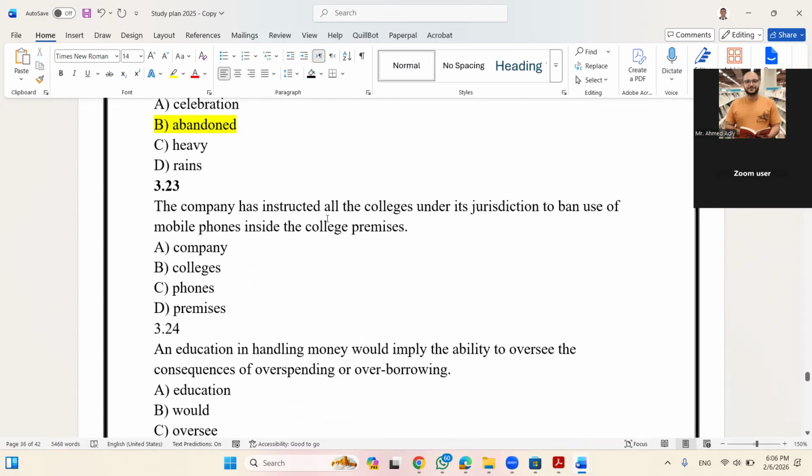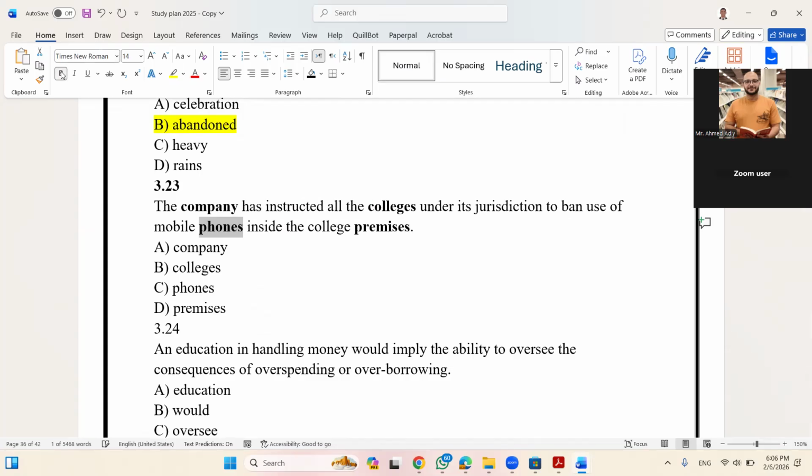The company has instructed all the colleges under its jurisdiction to ban use of the mobile phones inside the college premises. The company? Replace, test it.